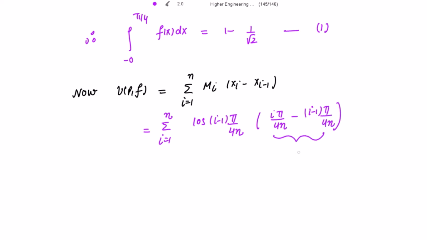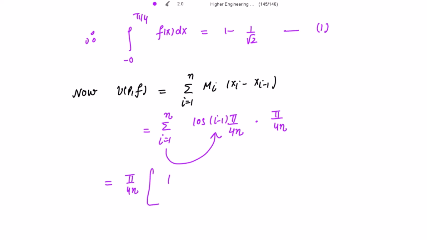And when solving this, we get pi divided by 4n. Applying the summation on this, taking this pi by 4n outside of the summation, this is cos of 0 plus cos of pi by 4n plus cos of 2 pi by 4n, and so on, up to cos of (n minus 1) pi by 4n.